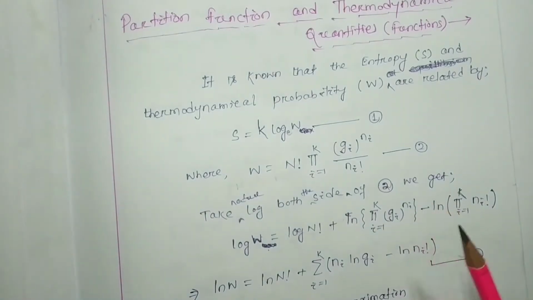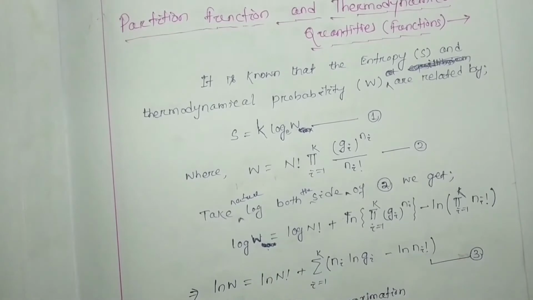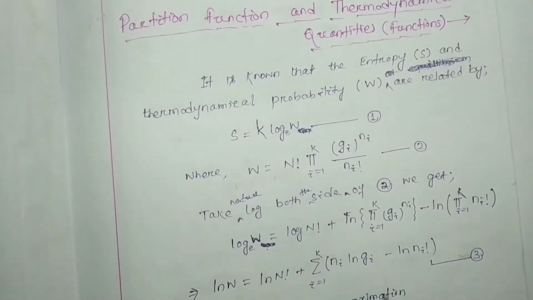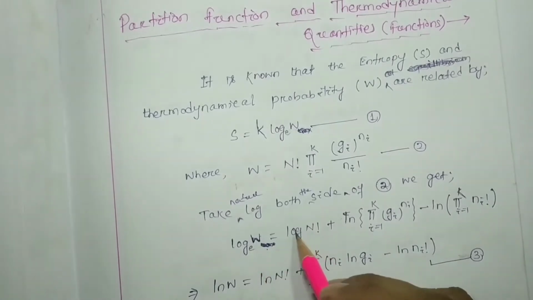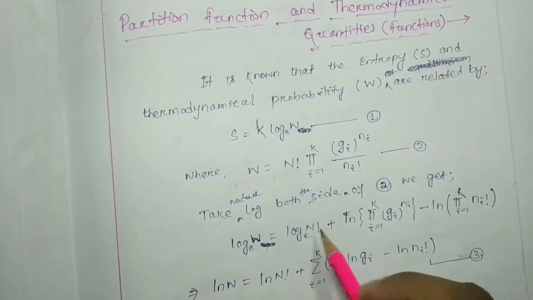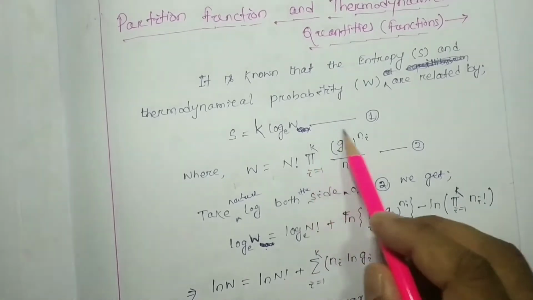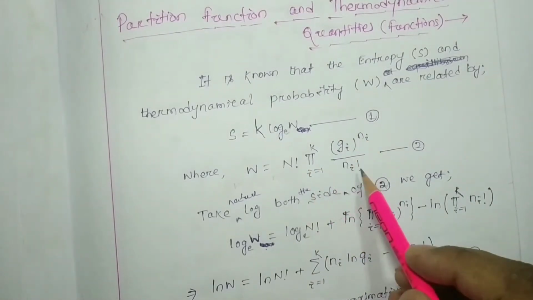We get log W, log base e W, equal to log base e of n factorial, and here you can see log of this one minus log of this one.